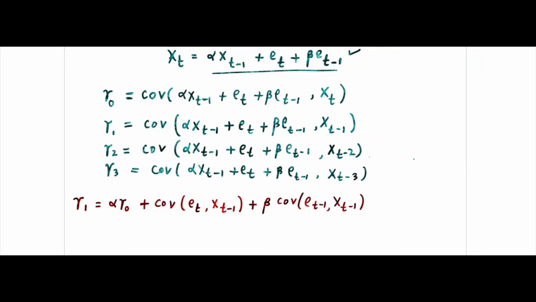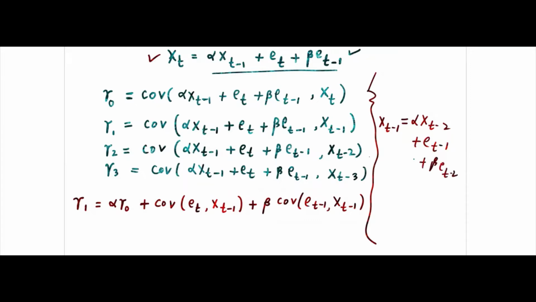Don't you think this is like the covariance of xt and et? Let me write here xt minus 1, and then I will see et minus 1 here. You find xt minus 1 from here: it will be alpha xt minus 2 plus et minus 1 plus beta et minus 2.